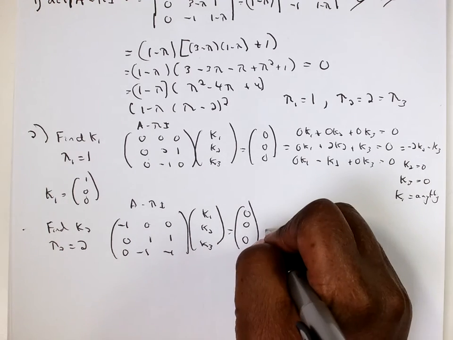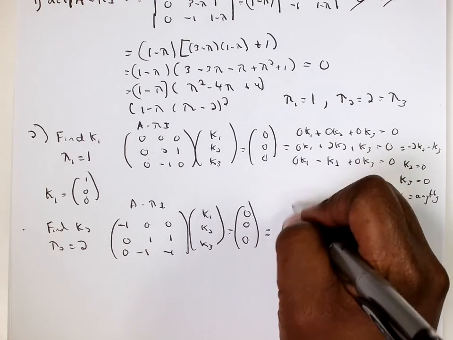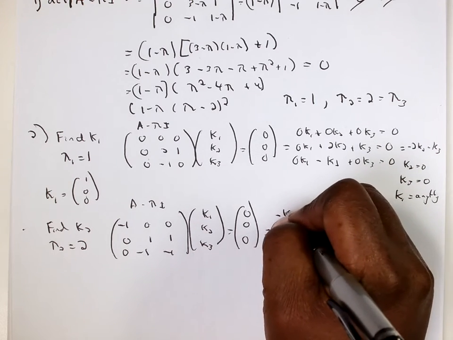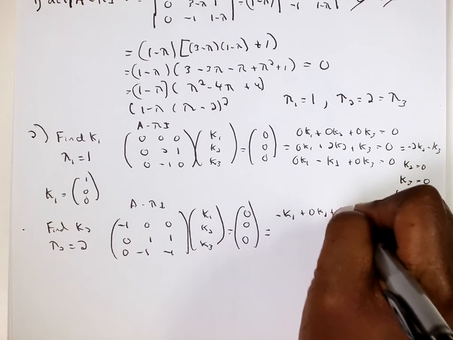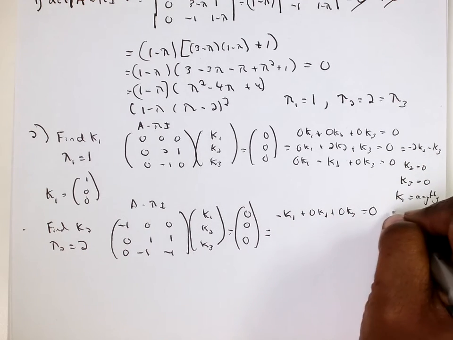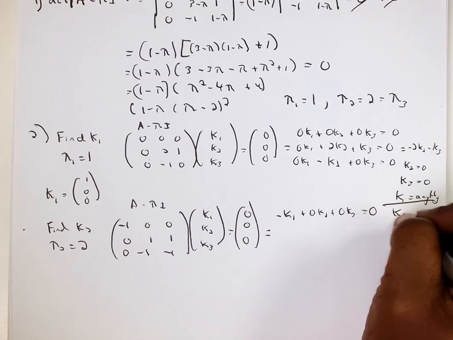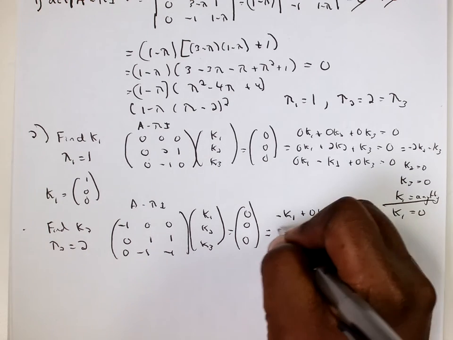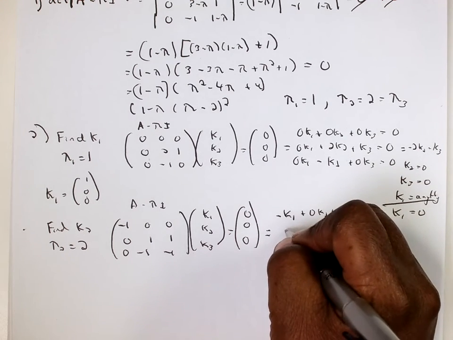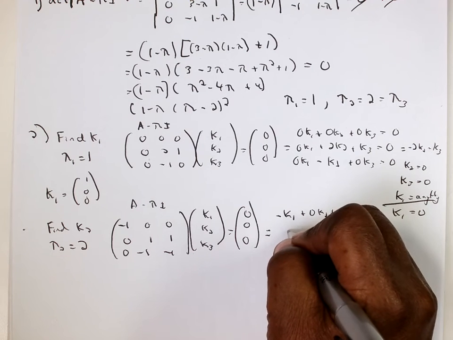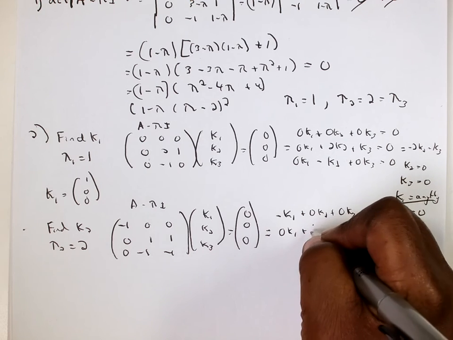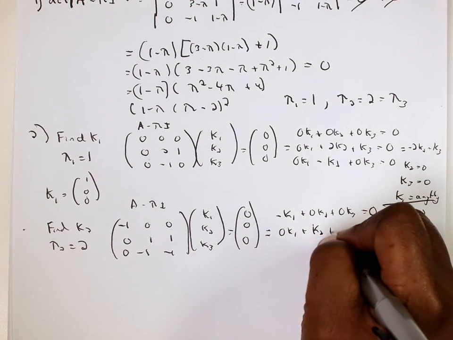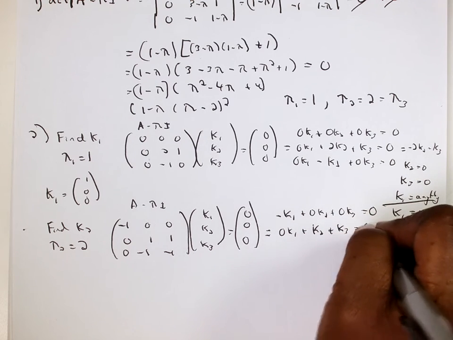So I'm going to do that matrix multiplication. I get negative K1 plus 0 K2 plus 0 K3 is equal to 0. So K1 is 0. And then the next row, I get 0 K1 plus K2 plus K3 equals 0.